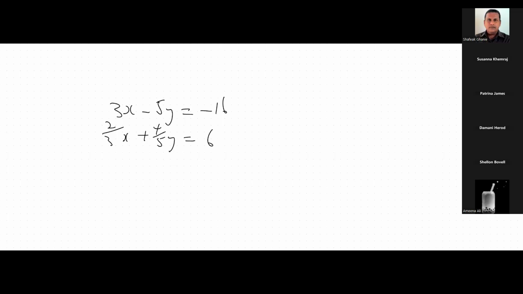What will you do here if you have to solve something like this? This is 2/3, right? Any ideas what to do there?